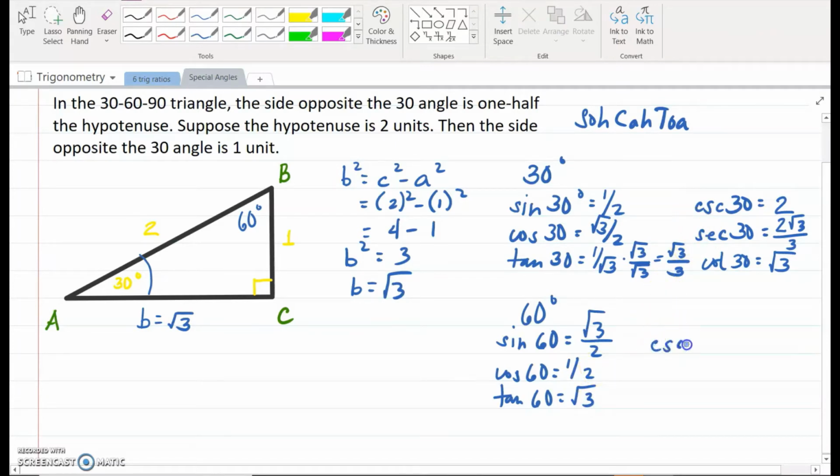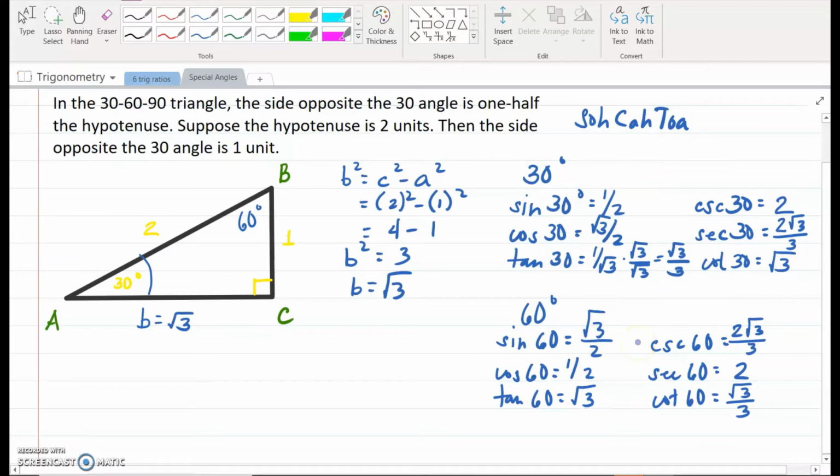Next, we have cosecant 60. So that is 2 square root of 3/3. Secant 60 will be 2. And cotangent 60 will be square root of 3/3. So those are the trigonometric ratios or functions for 60 degrees.